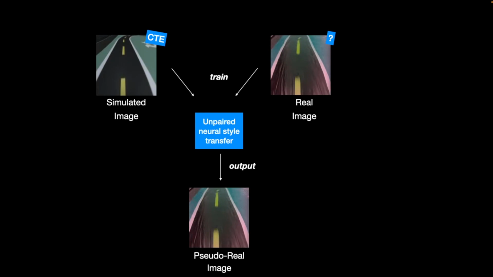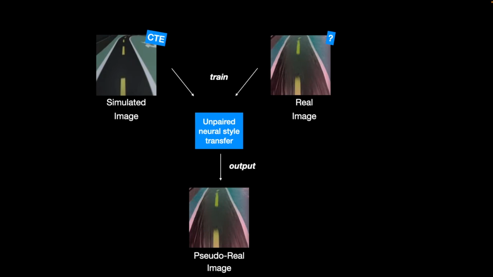There exist generative networks that are able to map images automatically from one distribution to another. And we use that to automatically convert arbitrary simulated images into the corresponding ones in the real world.